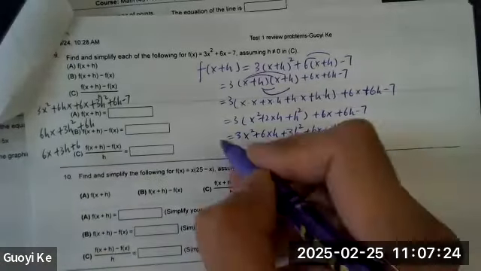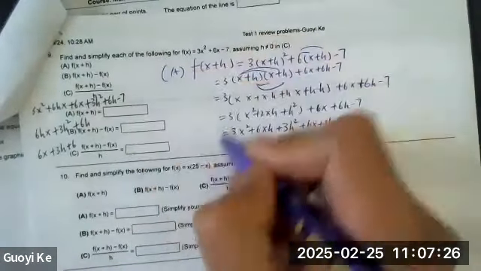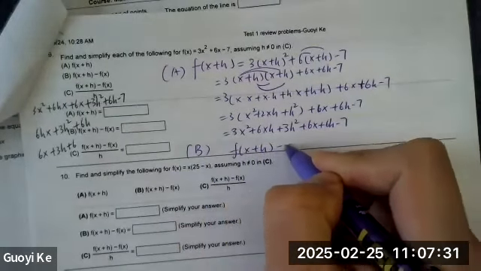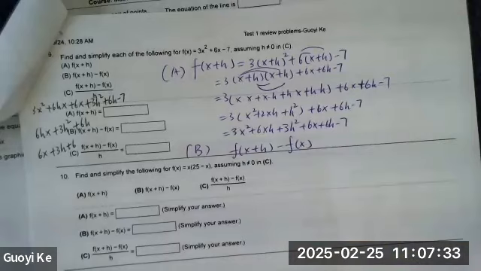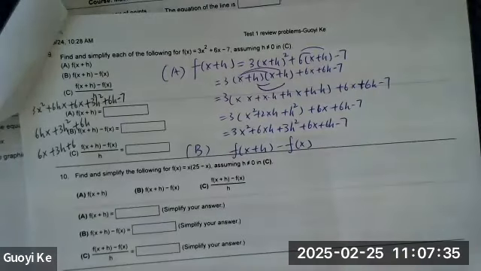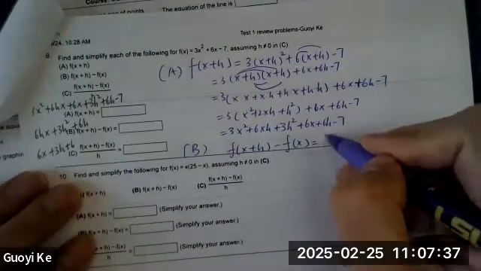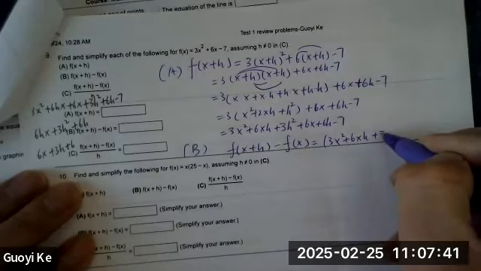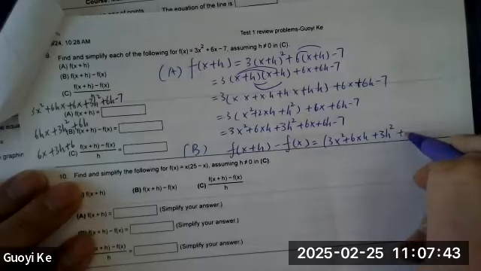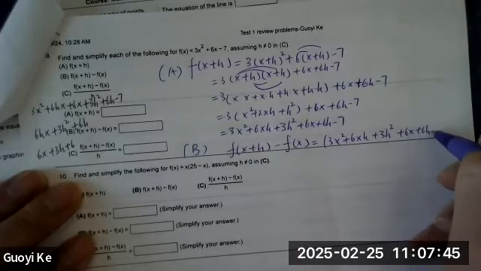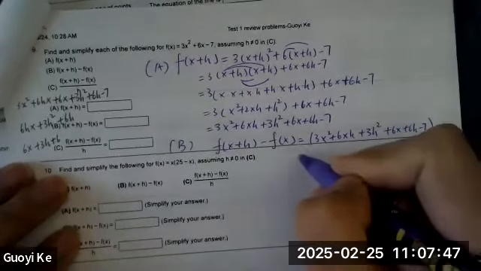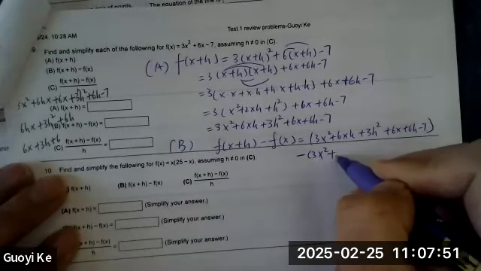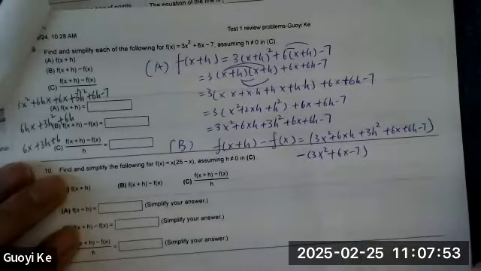And problem B is f(x+h) subtract f(x). So that means we plug in this guy, subtract the original one, right?